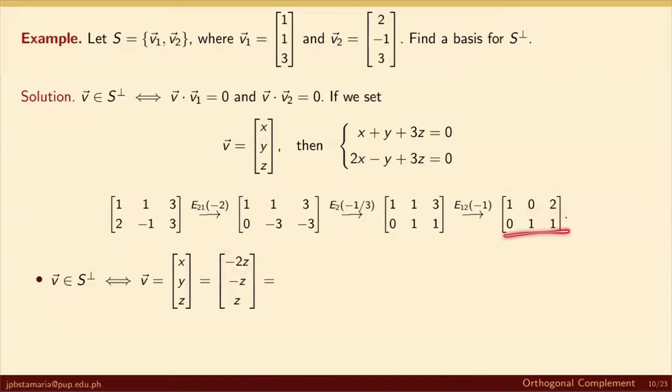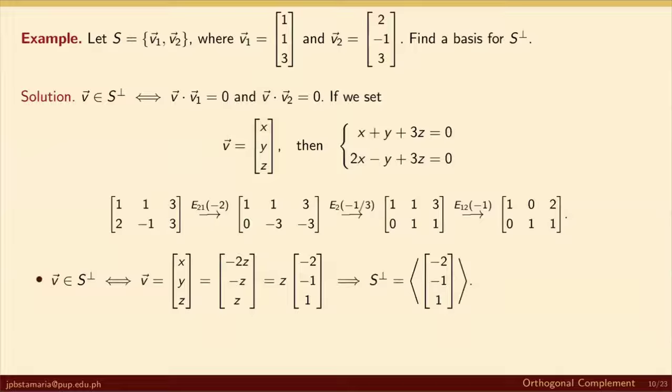When you look at the second row, that means y plus z equals 0, so solving for y gives minus z. That's why you have a minus z. So all the vectors in S perp are just multiples of this vector. And this is why we take S perp to be the span of the vector negative 2, negative 1, 1. What can we say about S perp? Well, it's one-dimensional. It's a straight line.